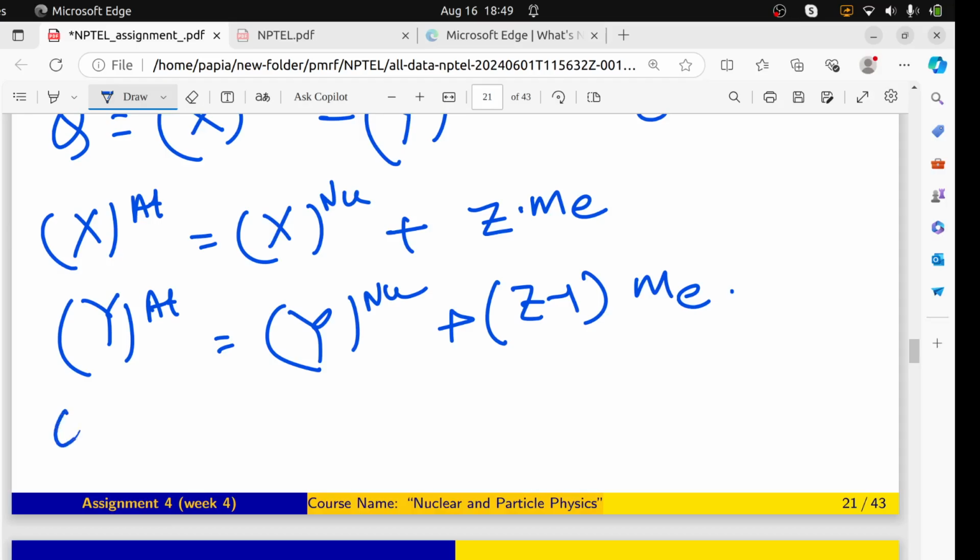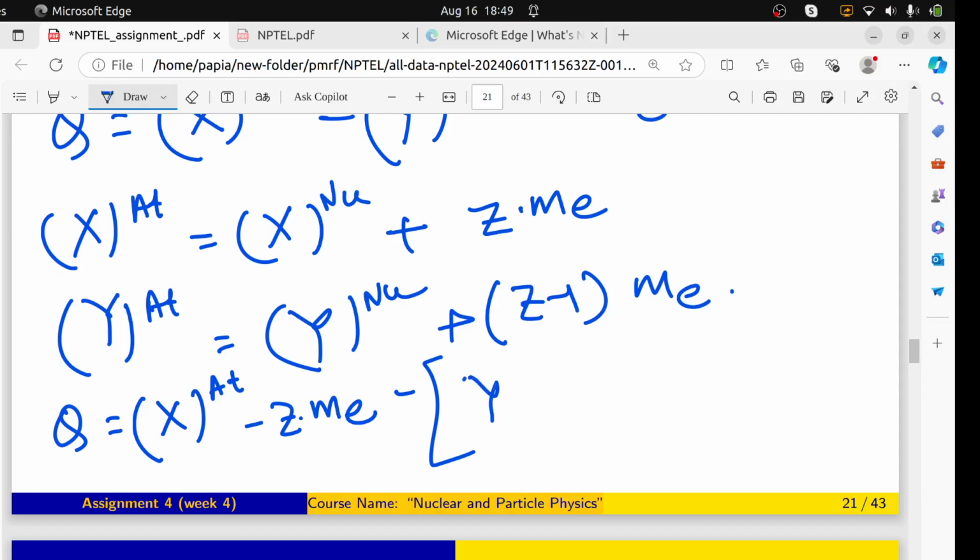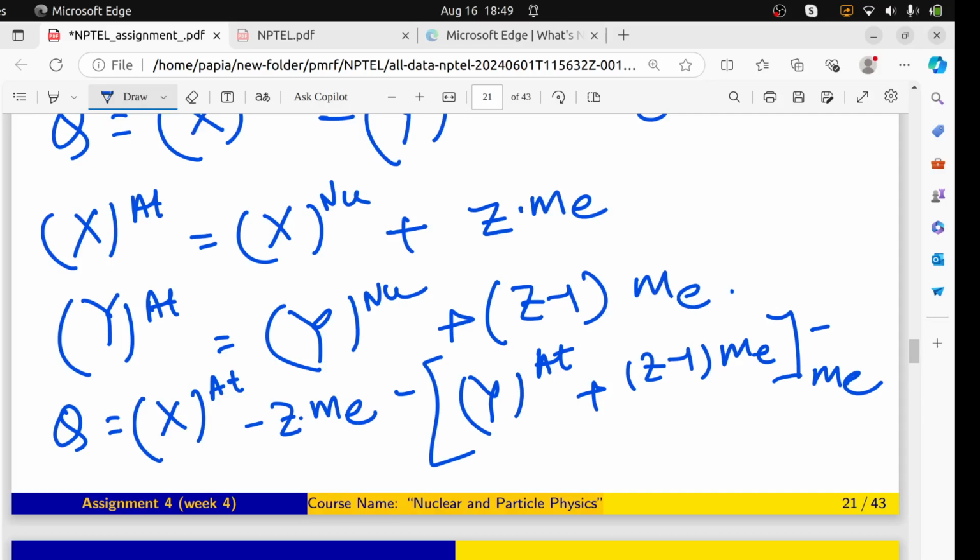Okay, so the Q value will be, in terms of nuclear mass, what will be there? X of atomic minus Z into me, minus Y of atomic plus Z minus 1 into me, minus me.